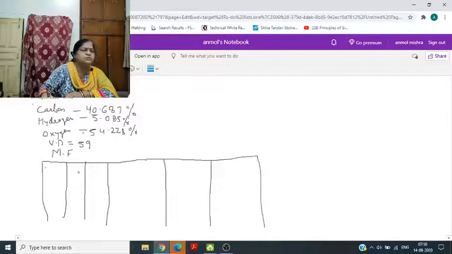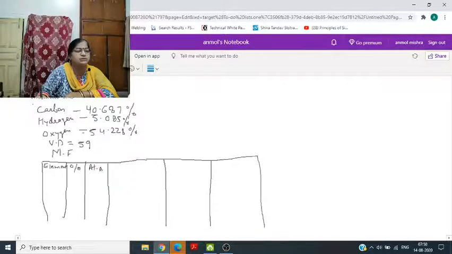First column is element, second column is percentage, third column atomic mass, fourth column moles of the element, fifth column simplest molar ratio, and simplest whole number ratio.